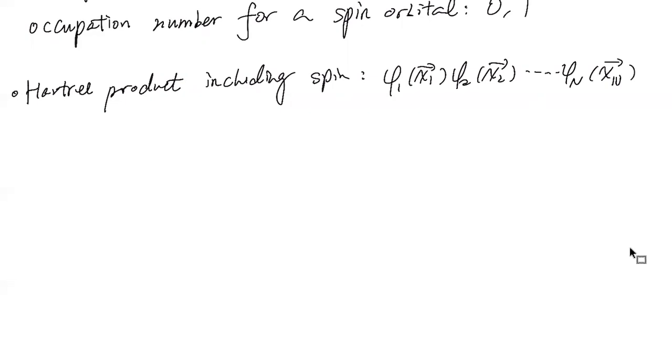You simply replace R1, R2, Rn with x1, x2, xn. That's it, right? You use the complete electronic coordinate to describe the state. I should say to describe the position of the electron and the spin state of the electron, right?